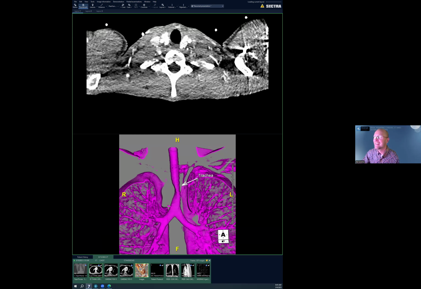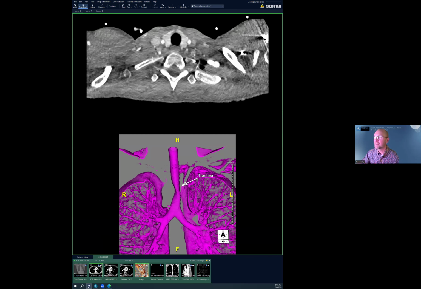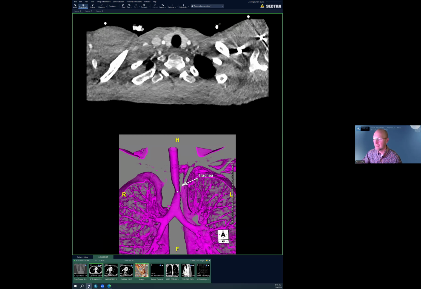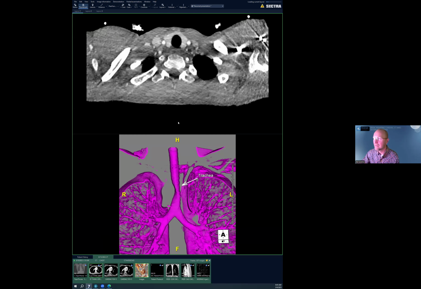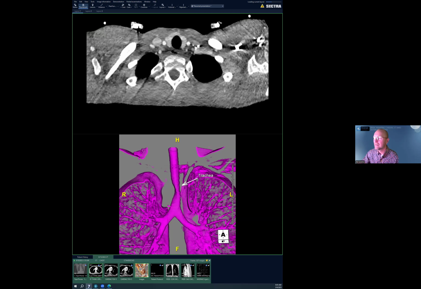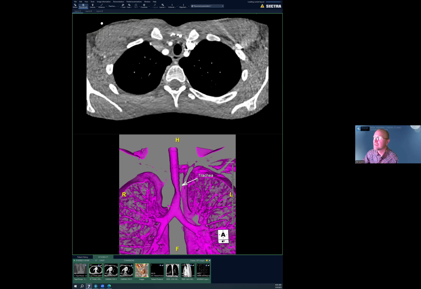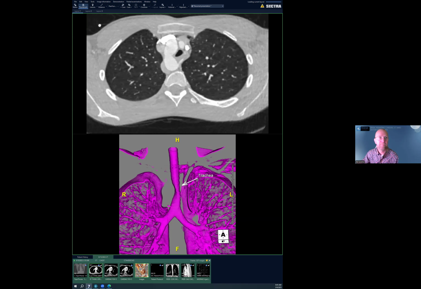Okay. So I'm going to scroll through the pictures here. Because the story with this child was, at the time, I believe, actually a 19-year-old patient.